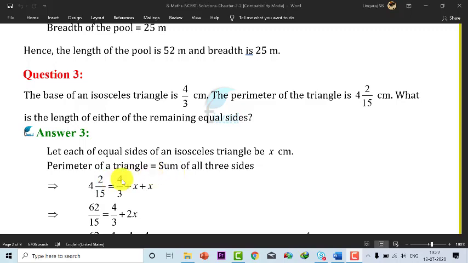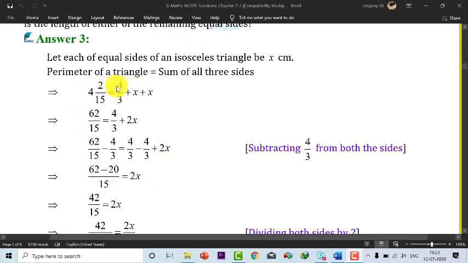Here in this given, the perimeter of the triangle is already given as 2 by 15 centimeter, and the base of the isosceles triangle is 4 by 3, which is the third side of the triangle, and the remaining 2 sides are equal, which are considered x plus x. So according to the formula, the perimeter of the triangle is equal to the sum of all 3 sides.